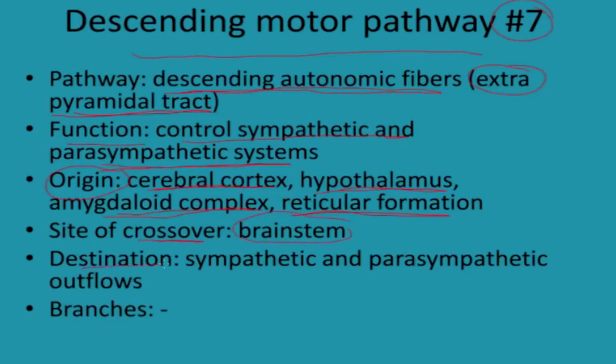Their destination is the autonomic neurons in the thoracic, lumbar, and mid-sacral regions, which control sympathetic and parasympathetic outflows. They do not give off branches.